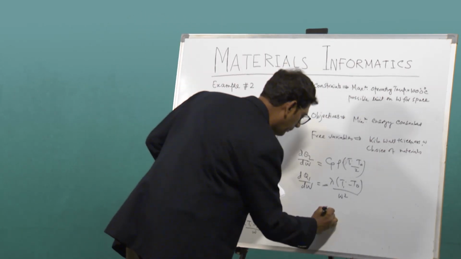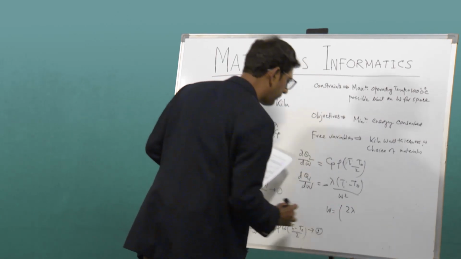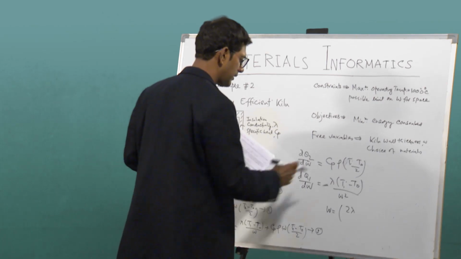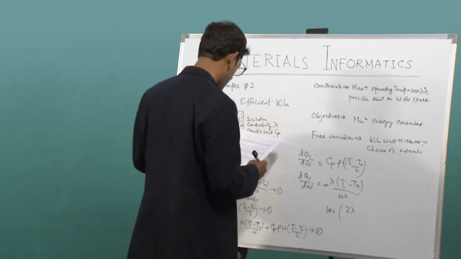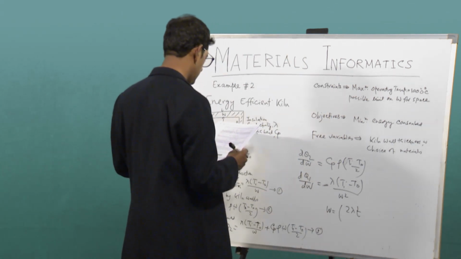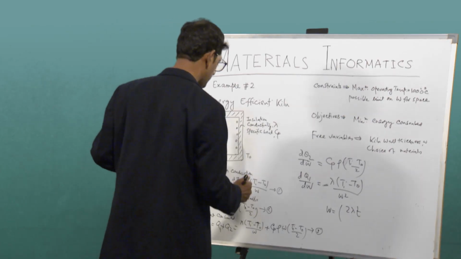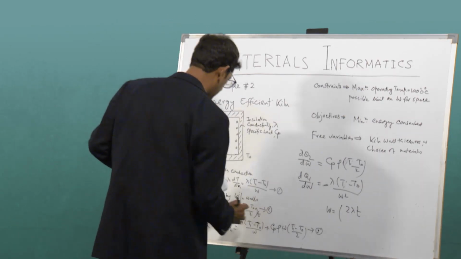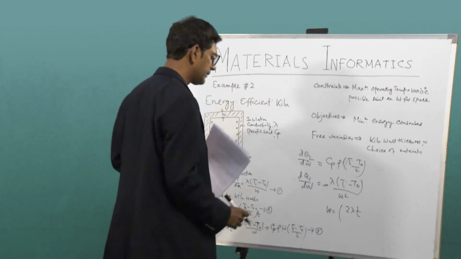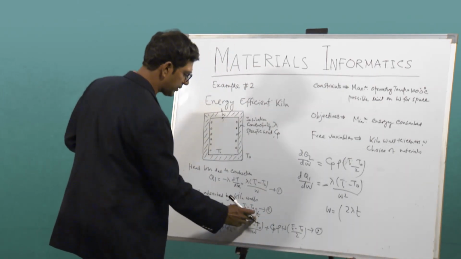You will get W equal to twice lambda T. I have not put T here, yes, this should be T, Cp rho, right. This small t is coming from time, this T has to be considered.